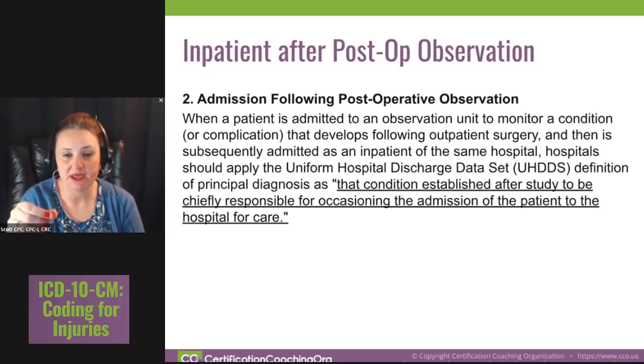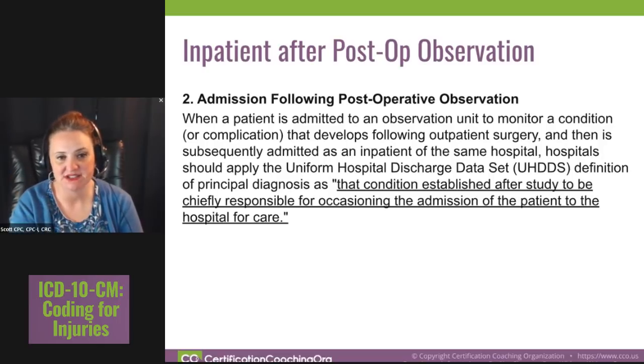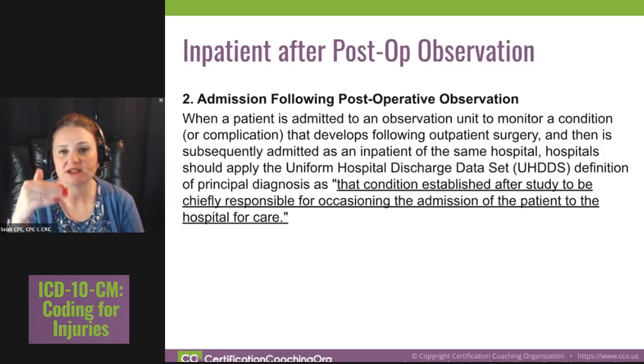It's going to be, and this is a term you need to know, the Uniform Hospital Discharge Data Set, the UHDDS, though nobody actually says all that: what is the reason, what's the principal diagnosis? Why is the patient being admitted?